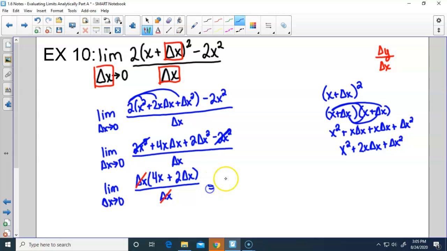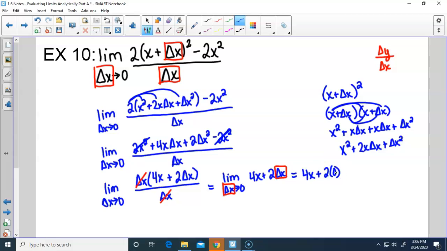So this leaves us with the limit as delta x approaches 0 of 4x plus 2 delta x. And this is a little bit strange here because we're only replacing delta x with 0. So when we plug in here, we're going to have 4x plus 2 times 0.